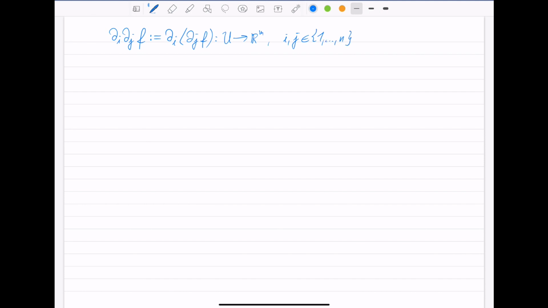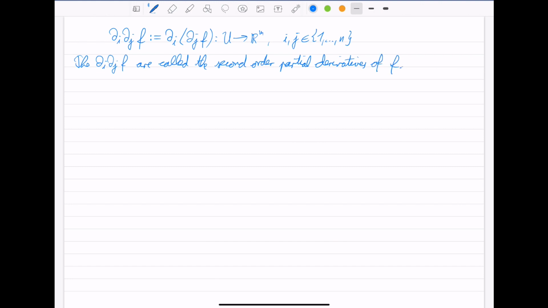Okay, so we've got these mixed, or second, partial derivatives, twice in some directions. So i and j might be the same or they might not. And these maps, these di dj f, are called the second order partial derivatives of the map f.